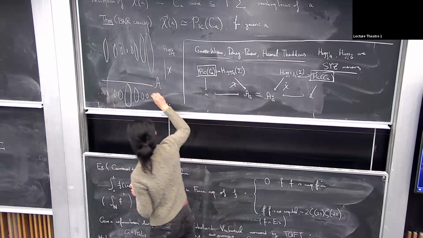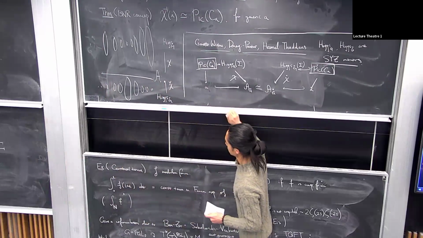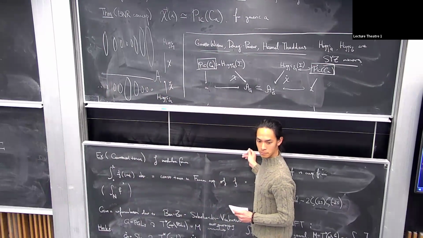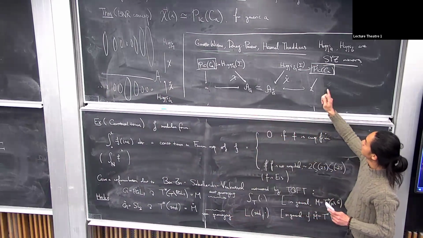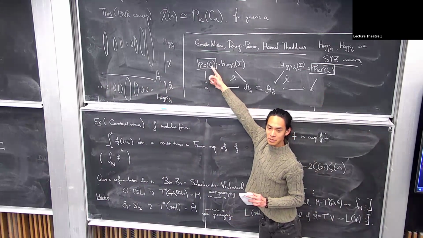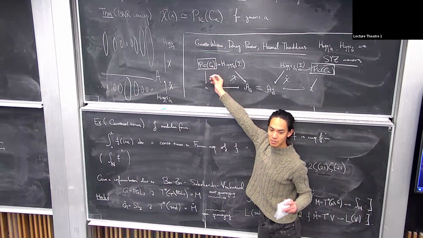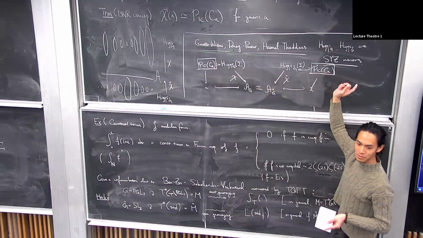And they fiber over the same space. In what sense are the two tori dual? So if I look at this one, for example, I can take the moduli of line bundles on this general abelian variety. So I take an abelian variety, look at the moduli of line bundles, and now we get the other one.